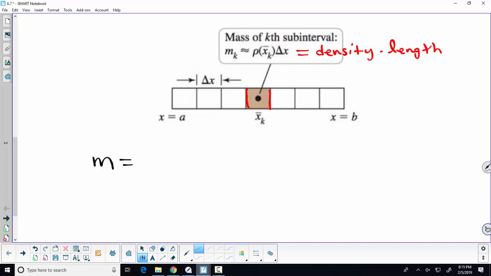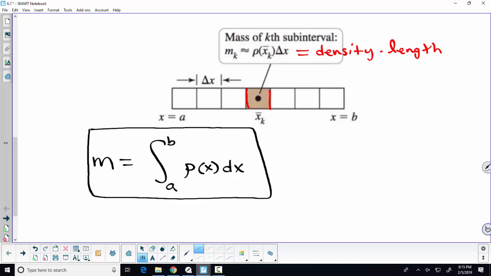So the mass from a to b, where a to b is just the length of that bar or string, is the integral of the density function times its length, rho of x dx. Instead of using volume, you just use the length.